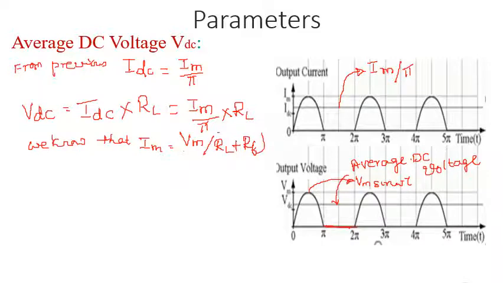Substituting that in the above equation, VDC is Vm divided by pi into RL plus RF, into RL.